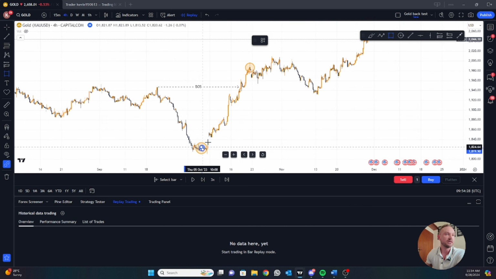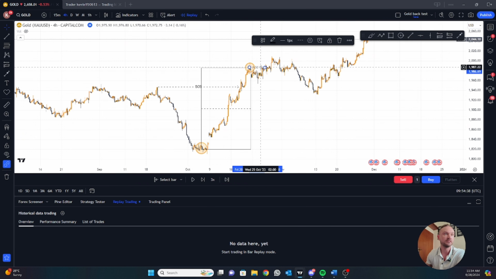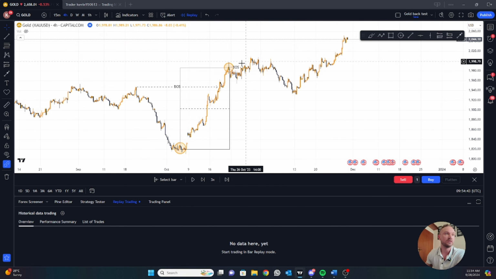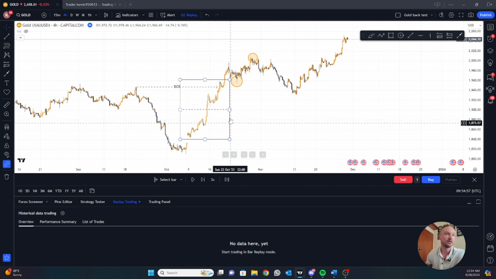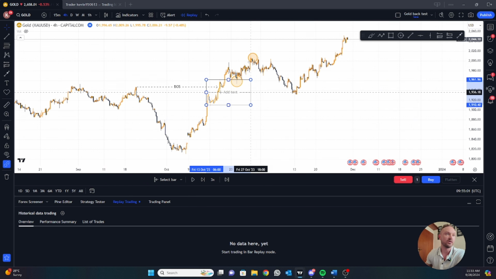Okay, so basically this is now my new range. Then as soon as this high gets taken out, you can see there's a new break of structure here. Now my low will basically move here, and then the next high will become my range again. So now we've got a smaller range to work with.